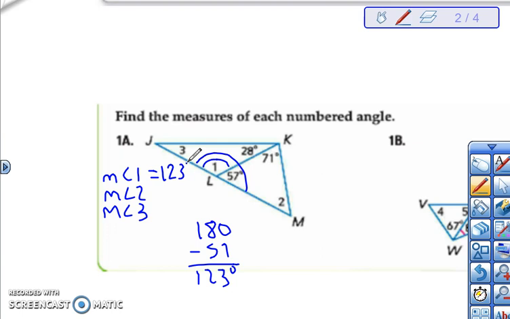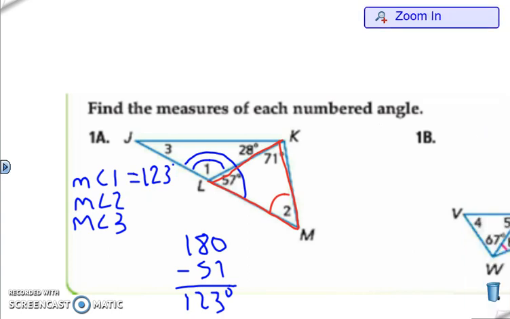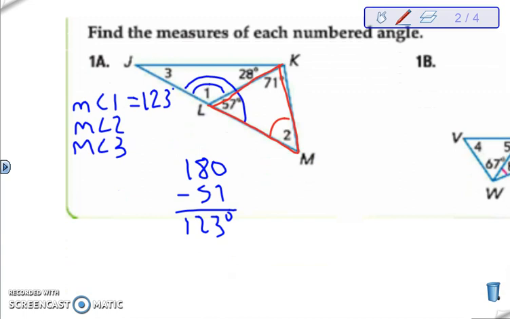Alright, so then I go over to angle 2. I notice angle 2 is over here. Notice angle 2 forms a triangle with the 57 degree angle and the 71 degree angle. So if we add the two angles we know and subtract from 180, that should get us the angle that we're missing.